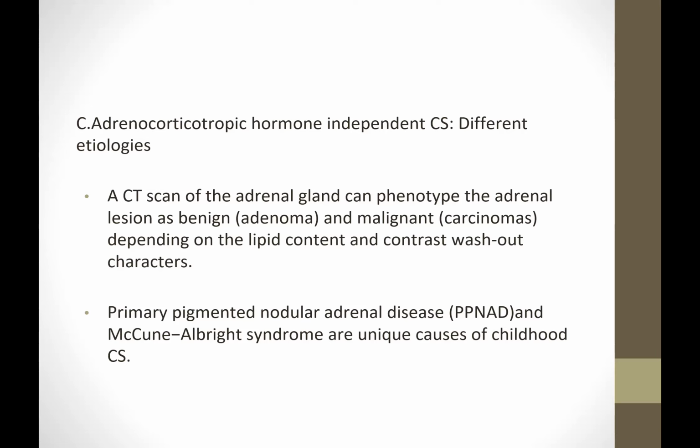It is adrenocorticotropic hormone independent CS. Immediately we do a CT of the adrenal gland, and it can easily differentiate between a benign adenoma, which is more common, and malignant, less than 1%, adenoma around 5 to 10%. And how to differentiate? The lipid content of the image and the contrast washout character. We can differentiate between adenoma and carcinoma.